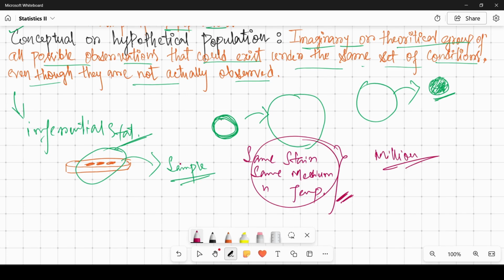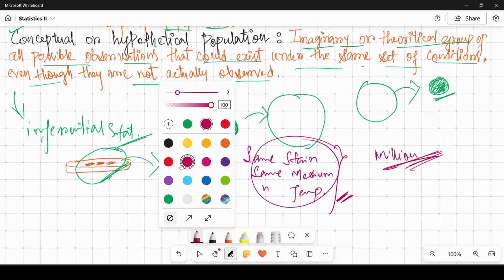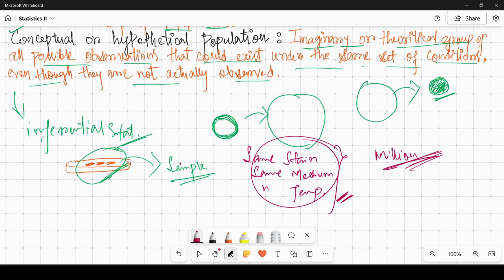But we are not growing these millions of bacterial colonies. This is not possible in our case. What we are doing is we are just culturing these amounts of colonies, which are acting as our sample. And if we want to implement the inferential statistical concepts or techniques on them, then we can do so.